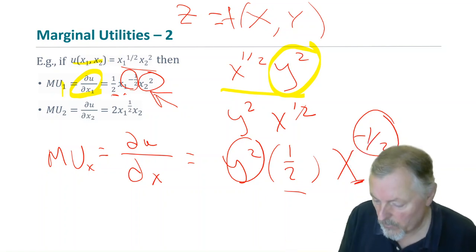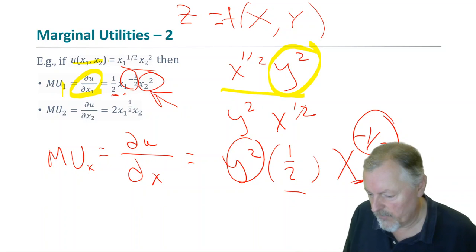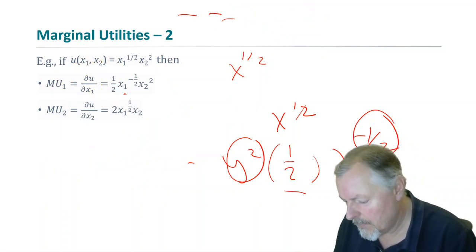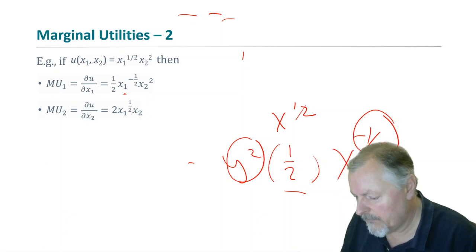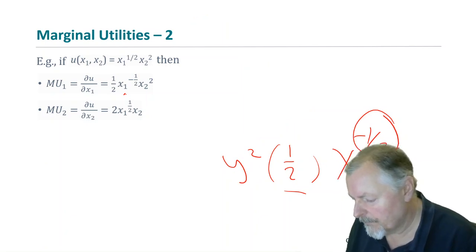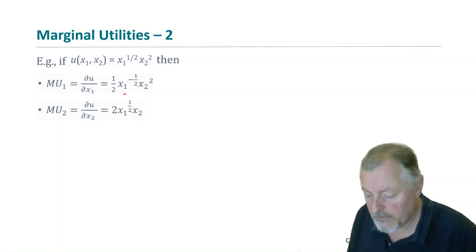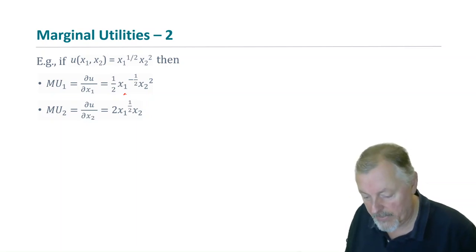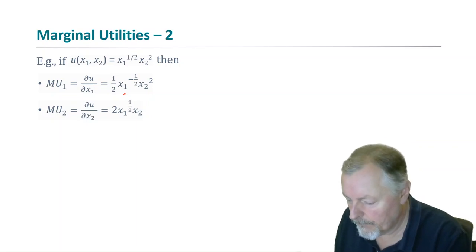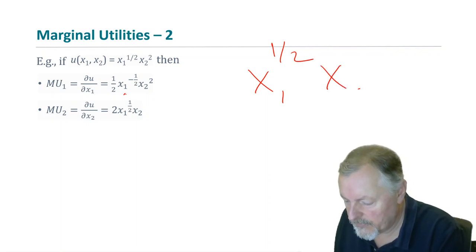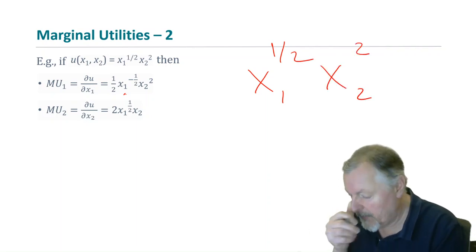Now, if you wanted to take the partial derivative of the utility function with respect to commodity x2, well, x1 to the 1/2 times x2 squared.